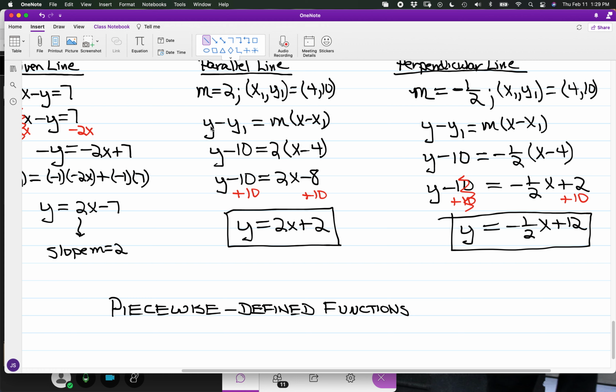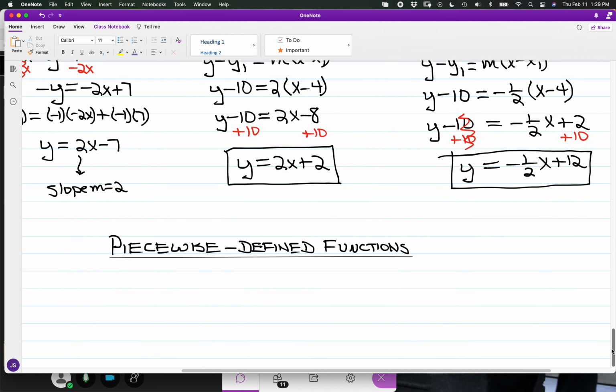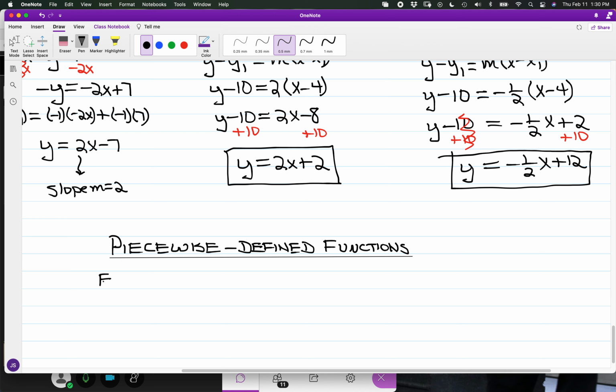And just as a bit of a sample, for what we have in the case of piecewise defined functions, it could be something like tax brackets for the federal returns.